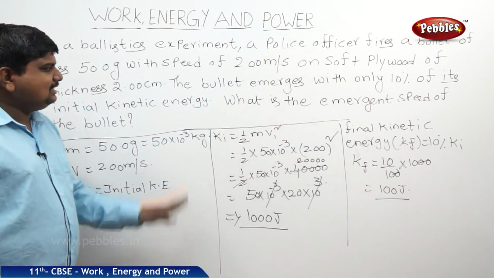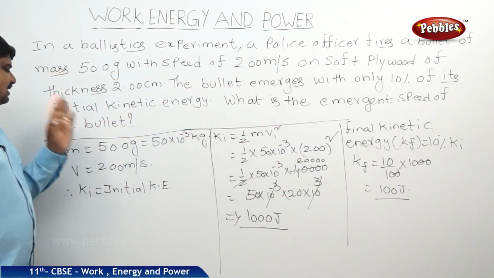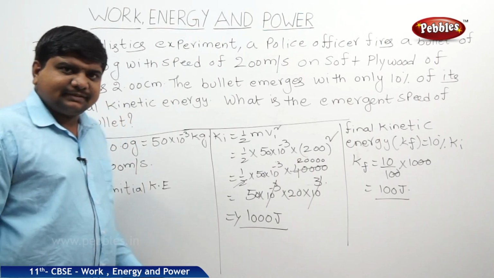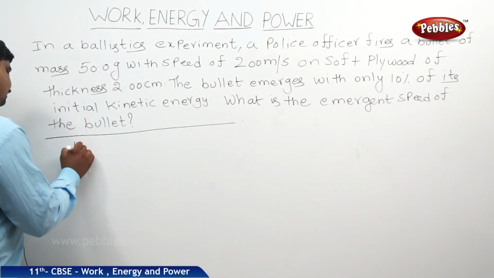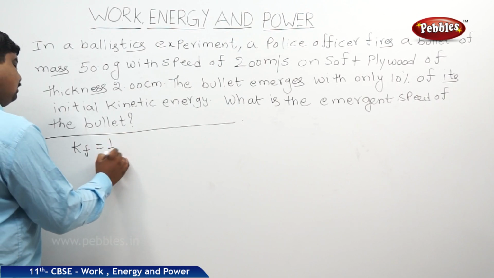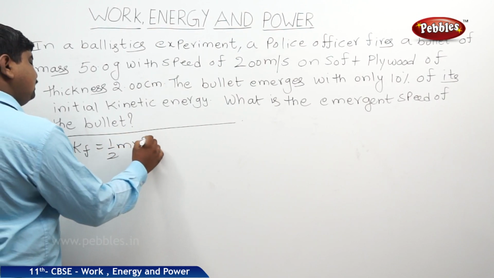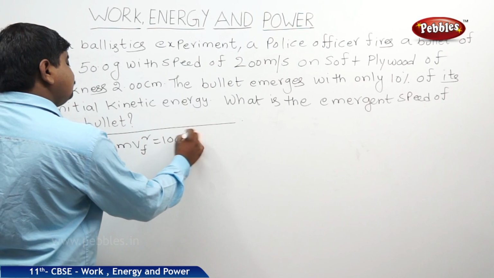If the final kinetic energy is 100 joules, what is the emergent speed of the bullet with the same mass? So Kf is equal to half m vf square, which is equal to 100 joules.